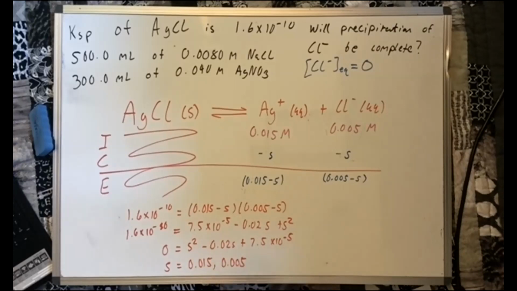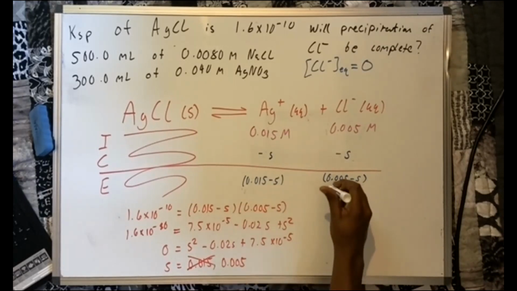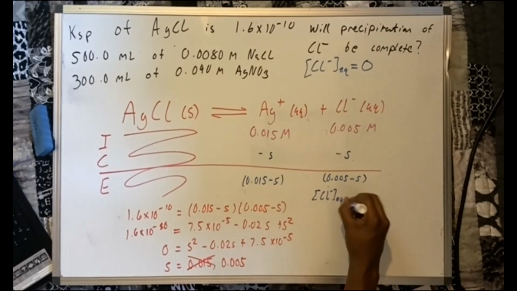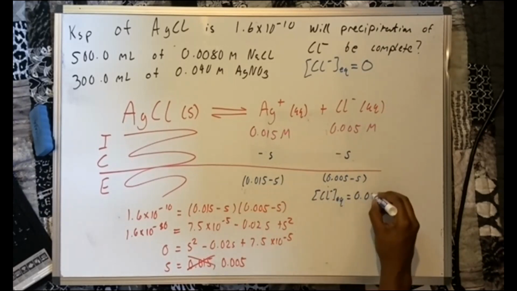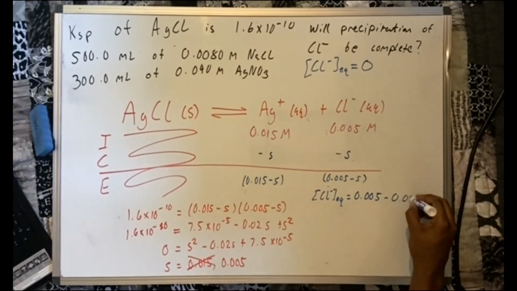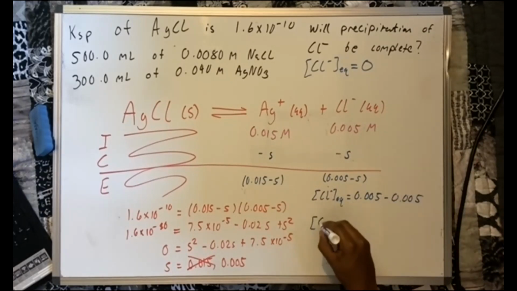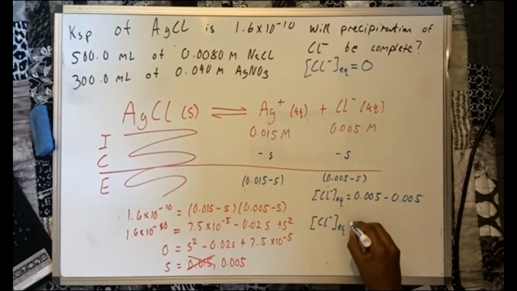Still doing our math here. So okay, can't be that one. That one's too big. It's going to get us a negative number right there. So it has to be this guy, right? So again, we're doing all this because we want to know the amount of Cl minus at equilibrium. And oh boy, look at that. My Cl minus at equilibrium is equal to 0.005 minus 0.005, so it's 0.